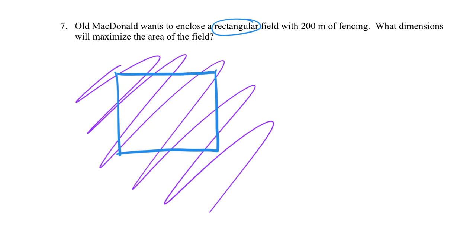But what he wants is to make sure that the area of the field is maximized. So he wants the biggest amount of space inside that rectangle as possible. He knows he has 200 meters of fencing to go around.